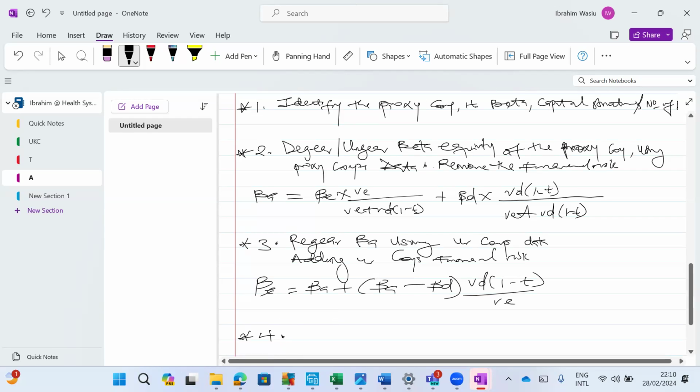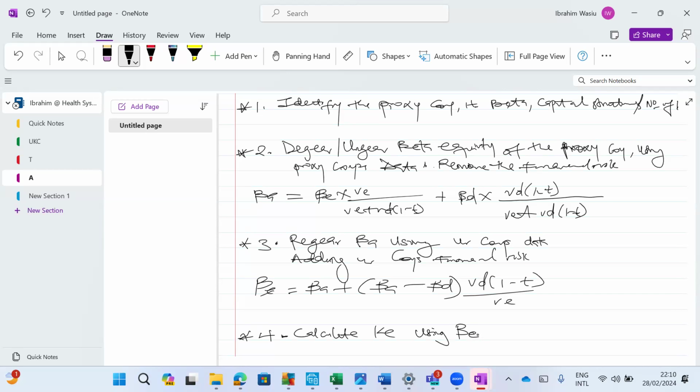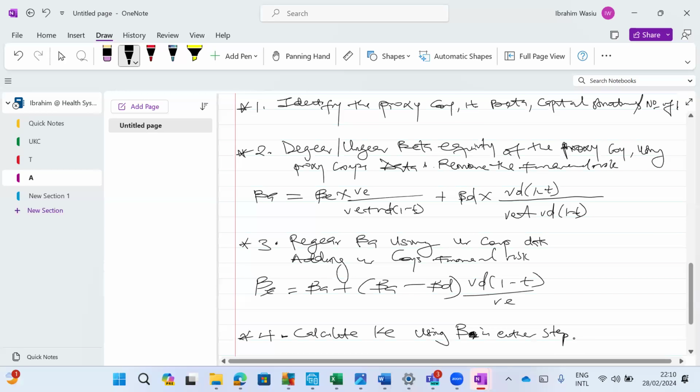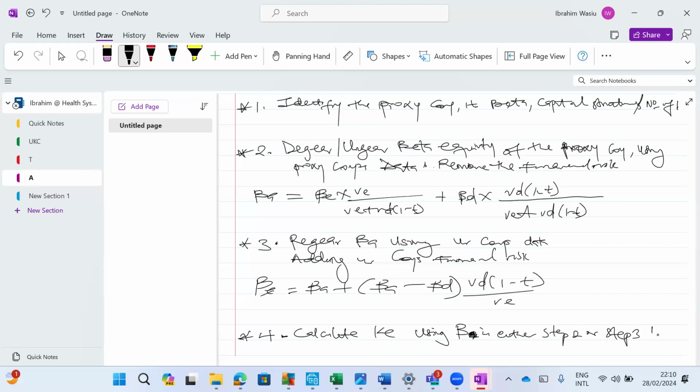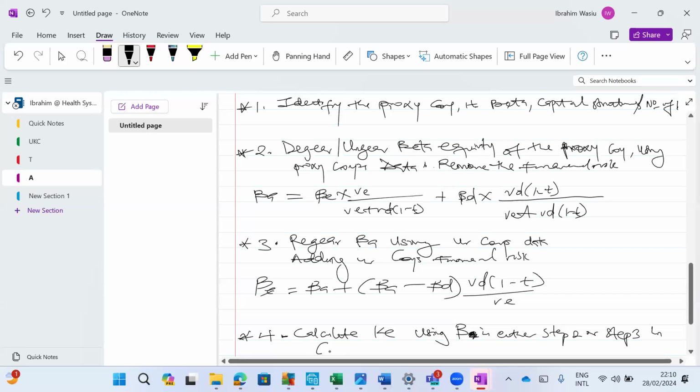So we calculate cost of equity using beta, let me just say beta in either step 2 or step 3, in the CAPM formula.